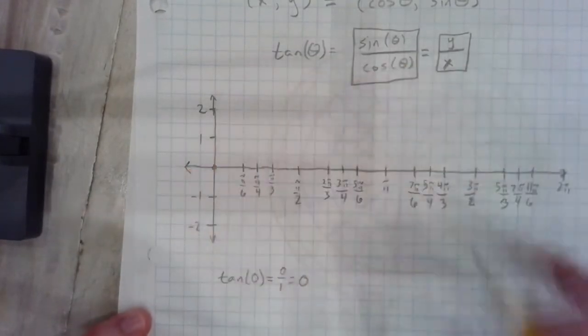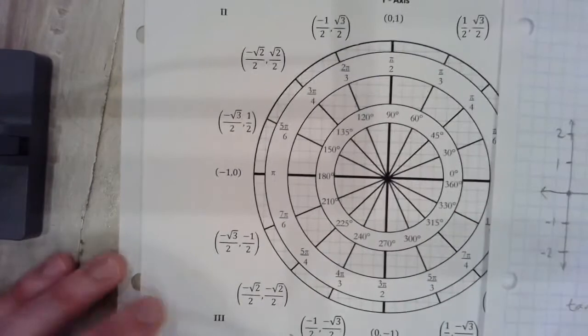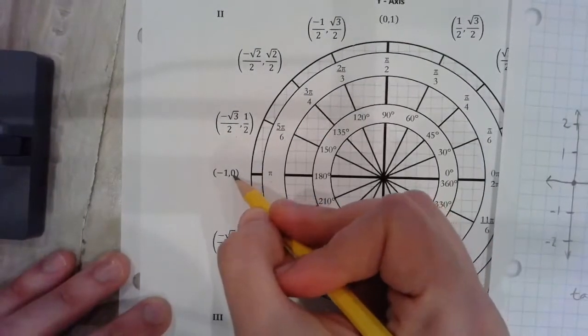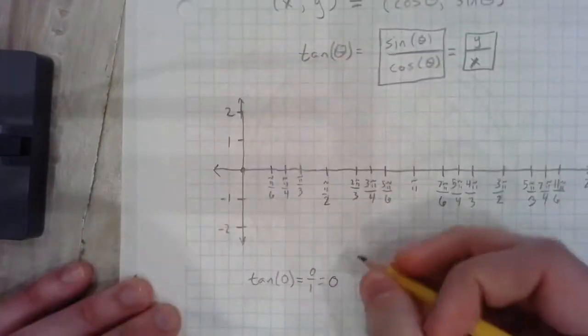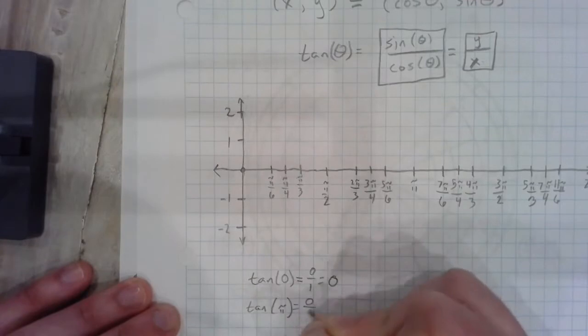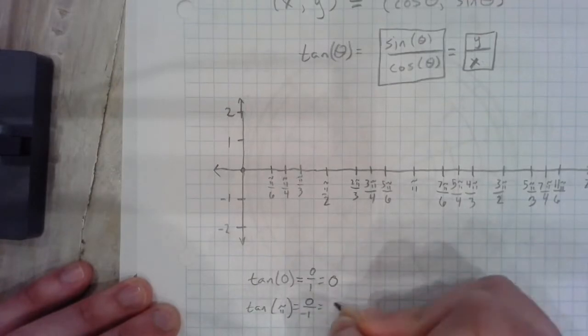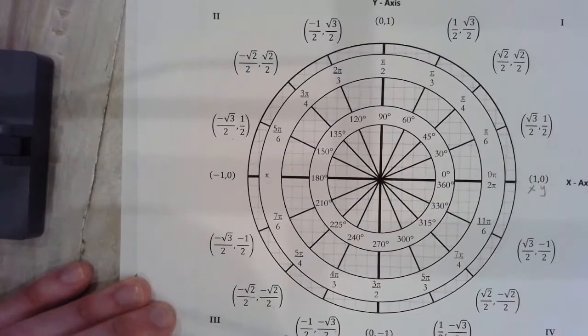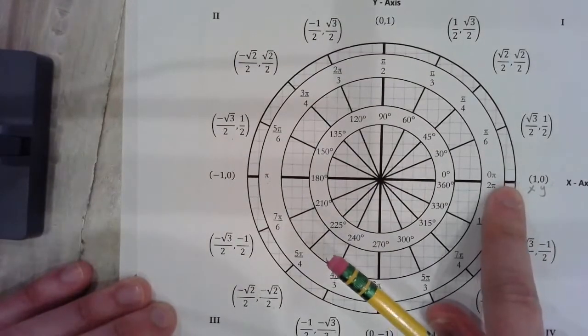Well, that's easy. Then going to pi, that's going to become 0 over -1, so tan of pi equals 0 over -1. It doesn't matter if it's negative, because it's still just going to be 0. I'll give you one guess what 2 pi is going to be. The exact same thing as 0.